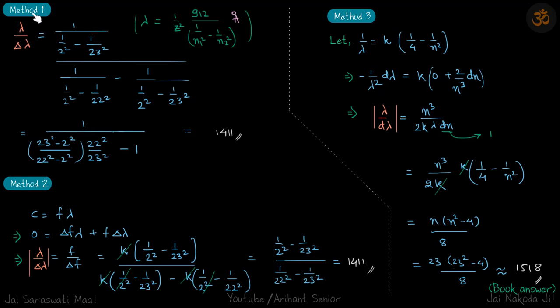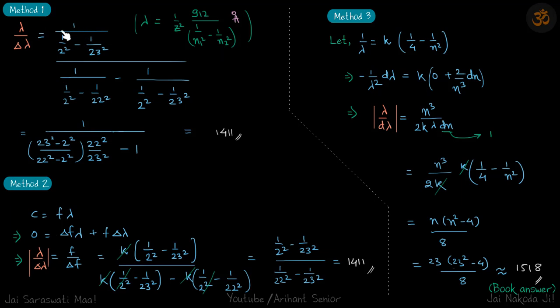Now let's find the most accurate way of finding the resolution. Bluntly, we are going to put the values of lambda here. So lambda is the inverse of, so the constant will get cancelled and we will be left with only this part.